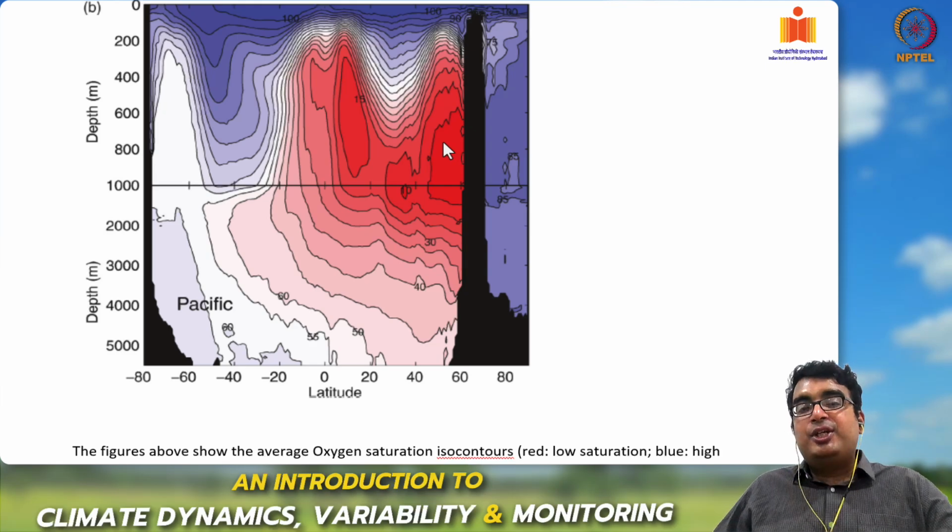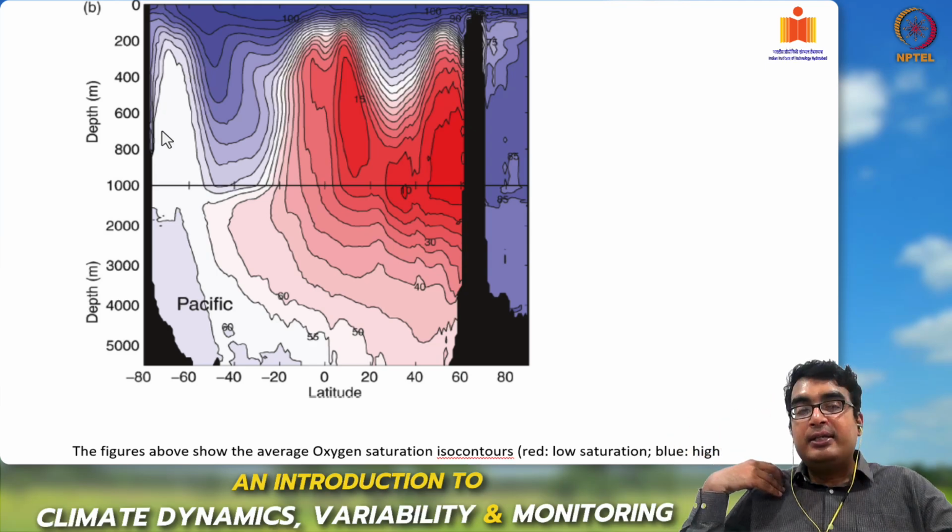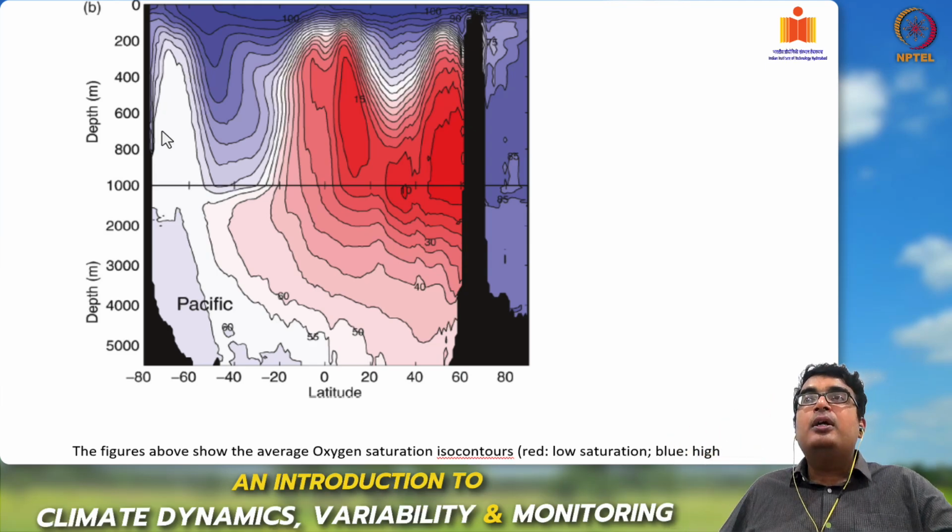The only region where significant downwelling is occurring in the Pacific is once again at the 80 degree south latitude, close to the continent of Antarctica. So throughout the Southern Ocean, close to the coast of Antarctica, you have a downwelling of the mixed layer waters.